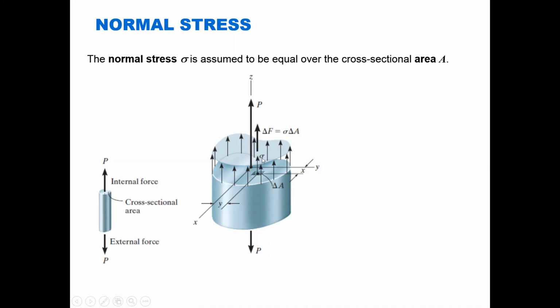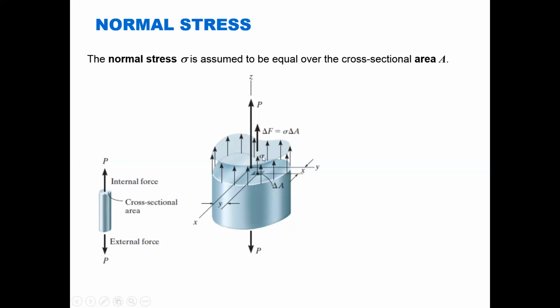Now, the units for stress are something like pounds per square inch or kips per square inch. One kip, as you recall, is 1,000 pounds. It could also be in SI units, where it may be newtons per meter squared, which would be a Pascal. So we have a force divided by an area. That would be the units on sigma.